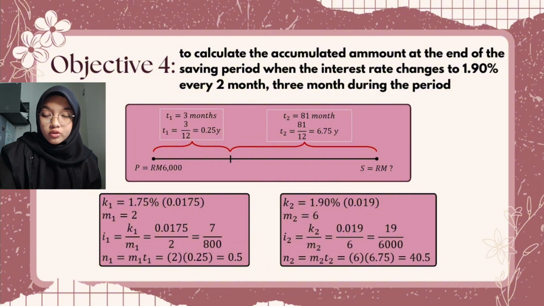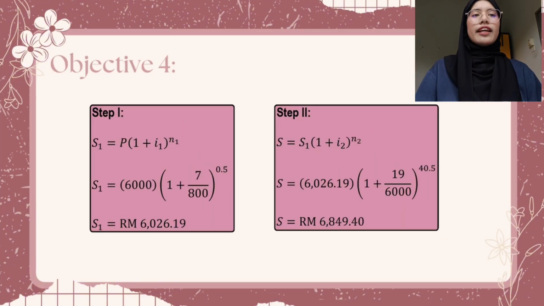N2 is M2 multiplied by T2, which is 6 multiplied by 6.75 equals 40.5. Now we calculate the accumulated amount using the formula S1 equals P multiplied by 1 plus I1 to the power of N. We substitute the information: S1 equals 6,000 multiplied by 1 plus 7 over 800 to the power of 0.5.